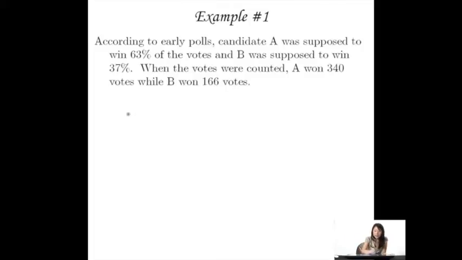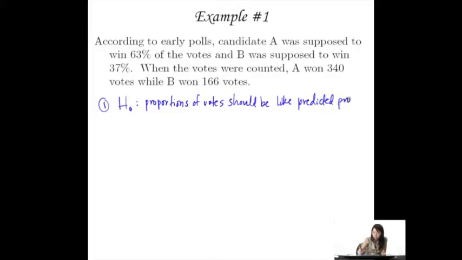One of the things that I like to do just to help myself is when I think of the null hypothesis, I write it in a sentence: the proportions of votes, that's my population, should be like the predicted proportions.